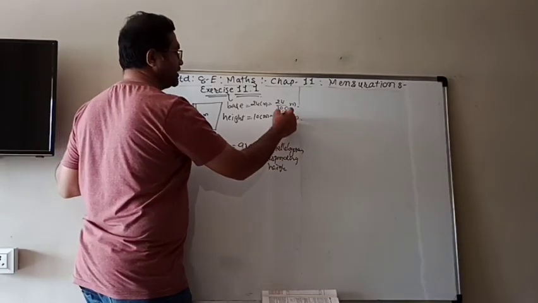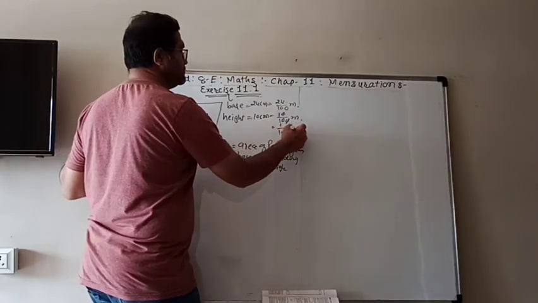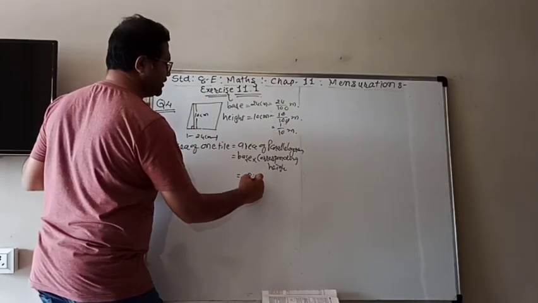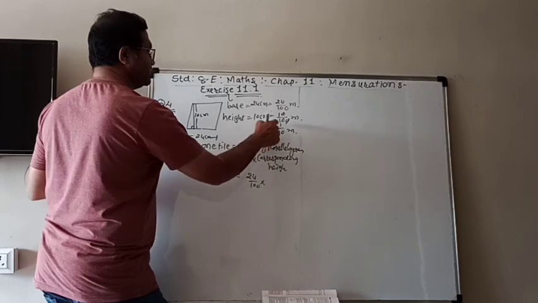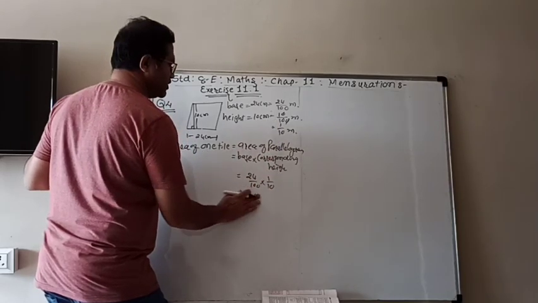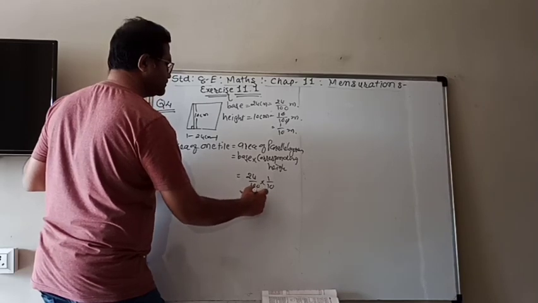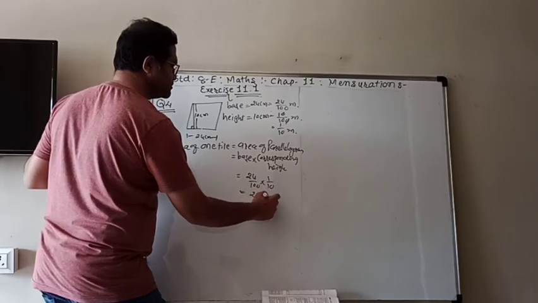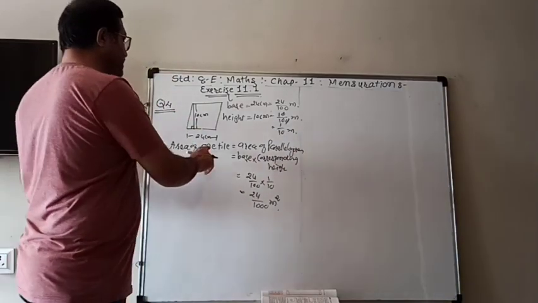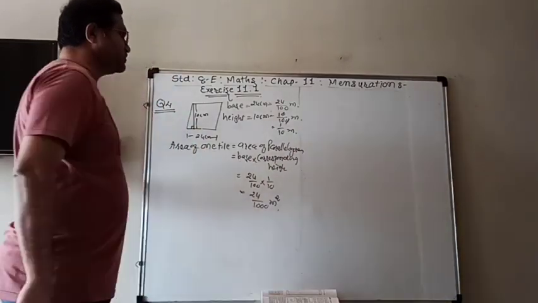You can do one cancellation here, so 1 upon 10 meter. So now base is 24 upon 100 multiplied by 1 upon 10, that is 24 upon 1000 meter square. So that is the area of one tile.